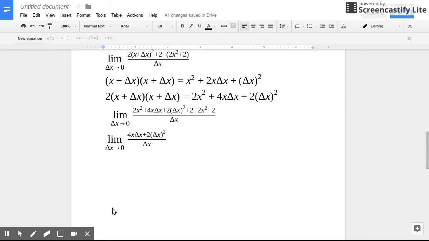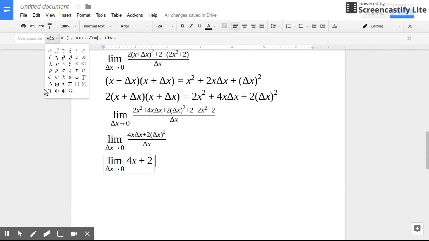Cancel, Control B. All right, so we're going to end up with 4x. Whoa, we need to get inside that box. We have a 4x plus 2 delta x. So what do you think this is going to end up being?